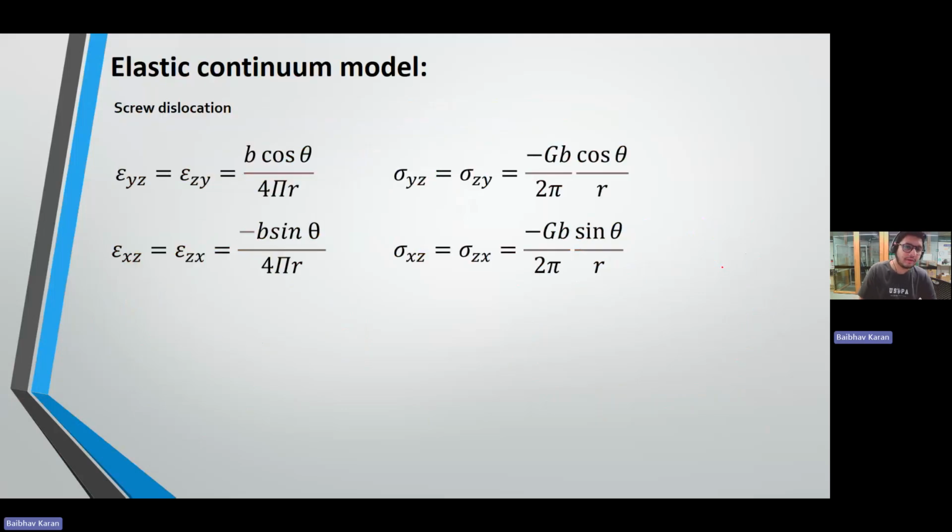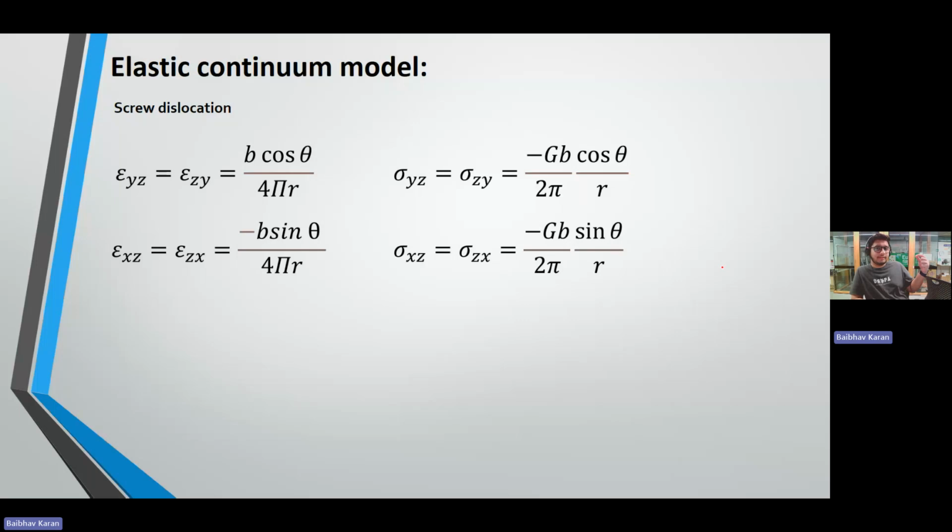Then, with the help of the elastic continuum model, we defined screw dislocations. We defined the stresses and strains of screw dislocation, and along which direction they are present. One thing to note here is that the stress and the strain are both inversely proportional to r.